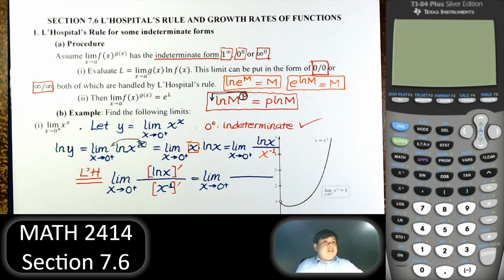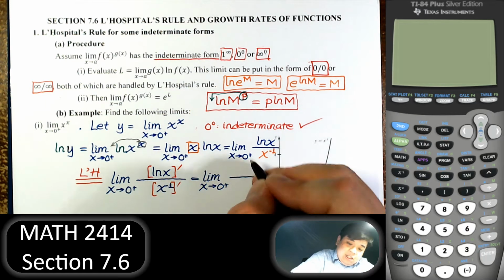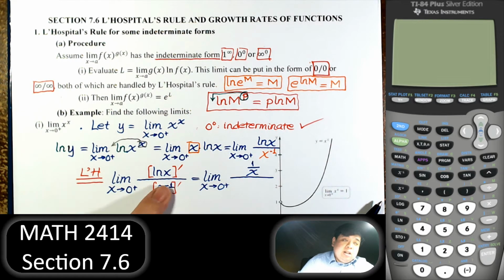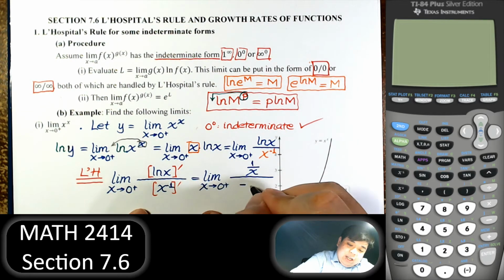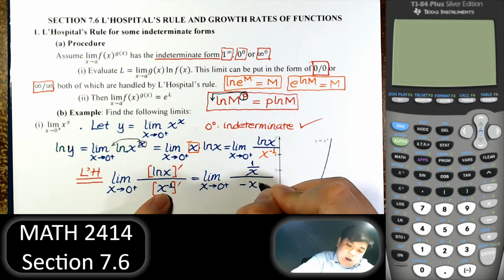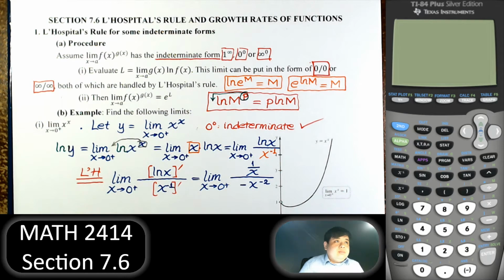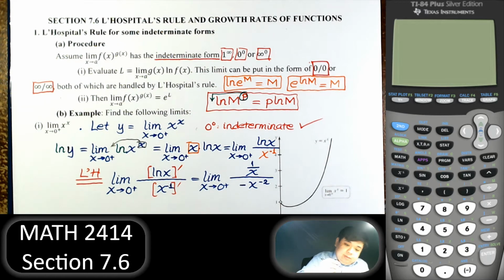Derivative of ln of x is 1 over x. And derivative of this, power rule, we take down negative 1 and original power minus 1, so that's minus 2, and that's a negative, right?